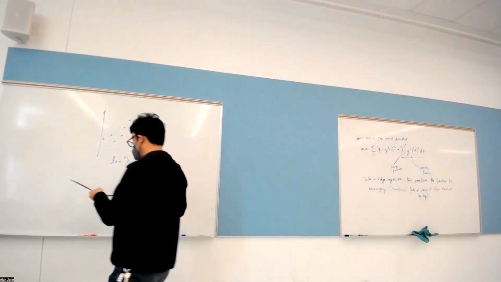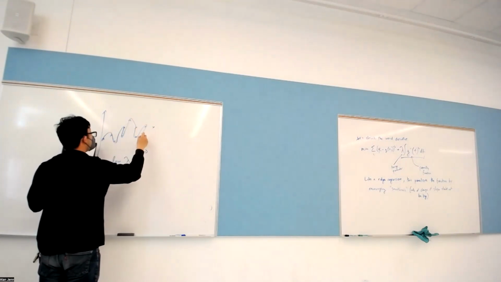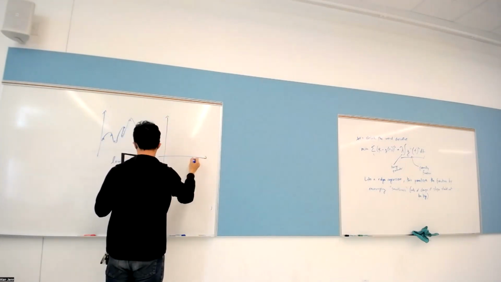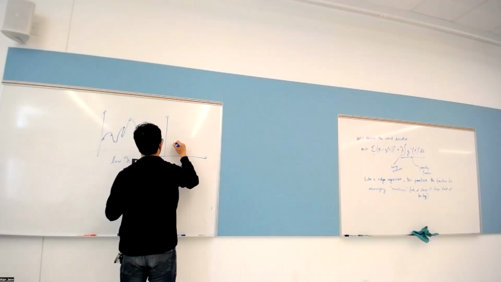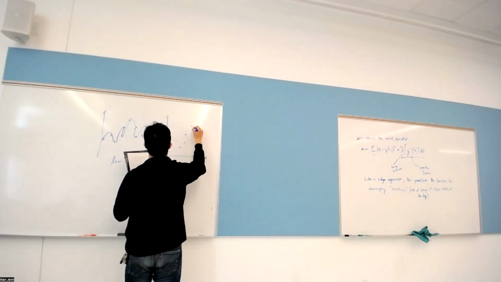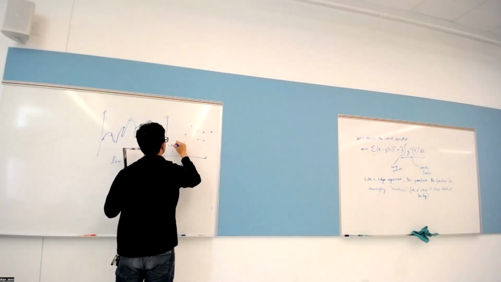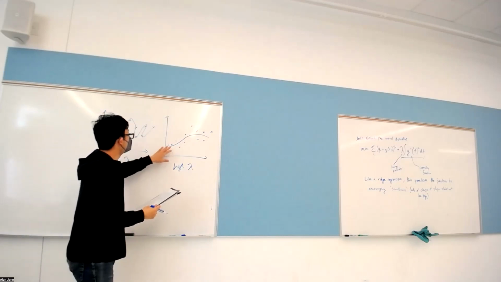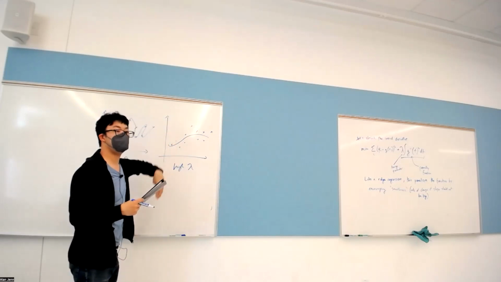And so I might have some function like this. Versus a high lambda, which might look something like this, because it's penalizing this line's ability to go up and down, essentially.